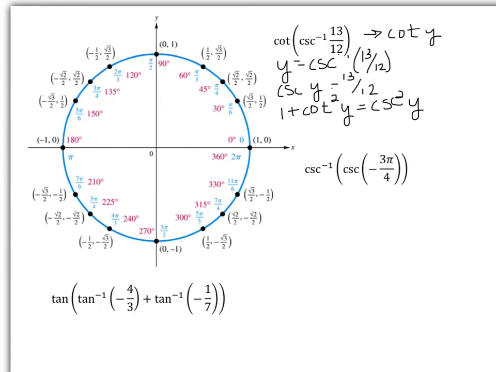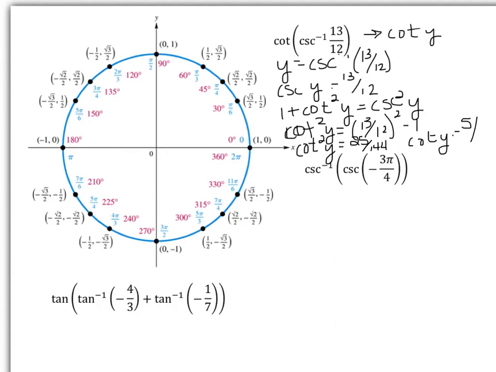So the cotangent squared of y is equal to the cosecant squared of y, which is 13/12 squared minus 1. That gives me 25/144. And if I take the square root, the cotangent of y is equal to 5/12.